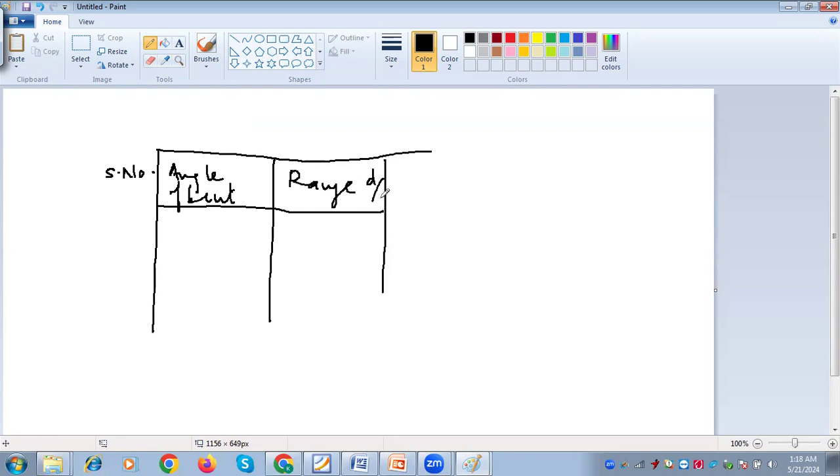That is D. What will be the unit? Centimeter. If it is more than centimeter, you can write meter also. Okay, so these angles, no need to write the values. And this is the second column, angle in degrees. This should be D.